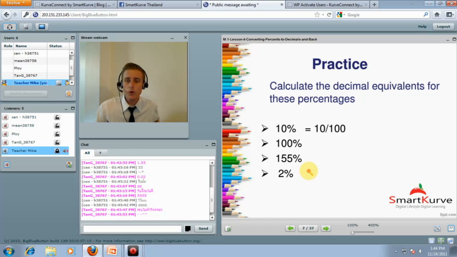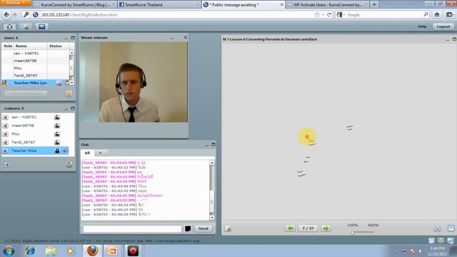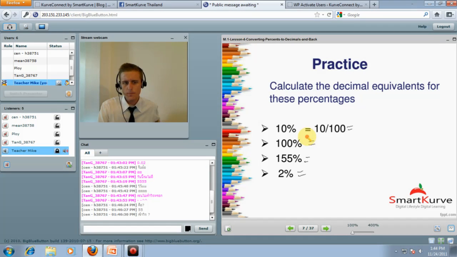Calculate these decimal equivalents for these percentages. Oh, we already did this. Oh, I'm sorry, these are the same practice problems we just did.